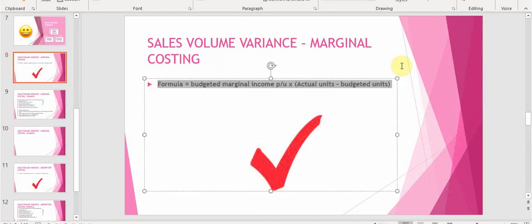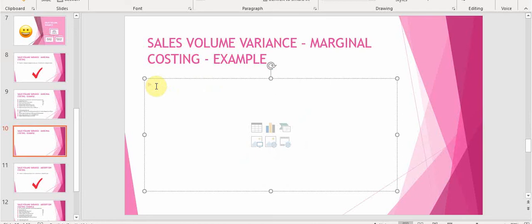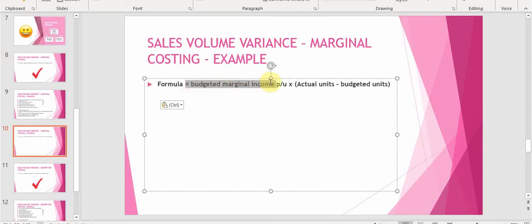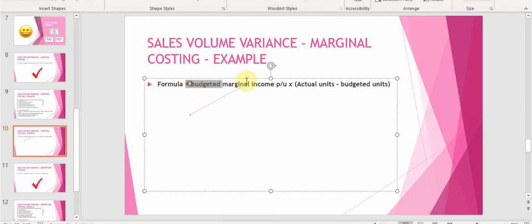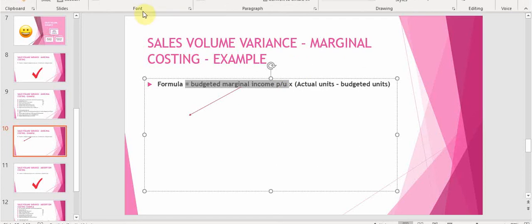I am just going to copy the formula in, and then I'm going to show you how we are going to calculate it. I'm going to start with this part, the marginal income per unit. And I am going to first explain how we calculate that marginal income per unit. And I think then I will just show you the actual units and the budgeted units. You should not have too much trouble with that. And then we can continue.